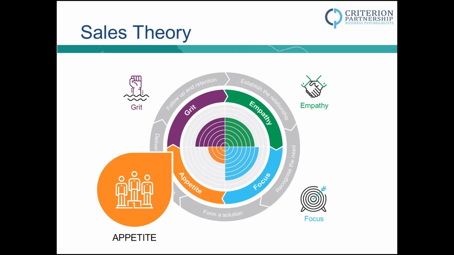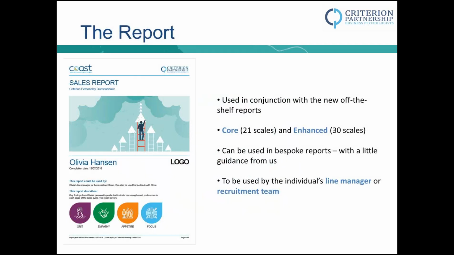So that's our sales model described in brief, the 4 quadrants there. So the report itself then, you can see the front page here. It's used in conjunction with our new off-the-shelf report. So that's the core one, which is 21 scales, and the enhanced one, which is 30 scales. The enhanced one will be slightly more sophisticated, simply because the algorithms that are doing the mechanics behind the report have more information to draw on.